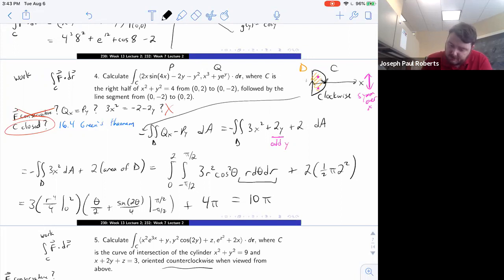So minus, now fix that. I'll just change this to minus 10 pi. So Green's theorem is for counterclockwise closed curve. If it's clockwise, no big deal. You just multiply by -1.